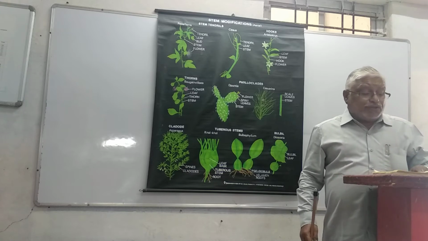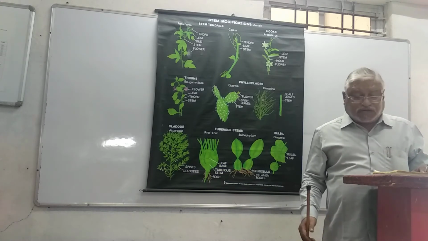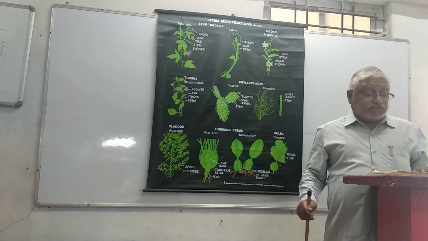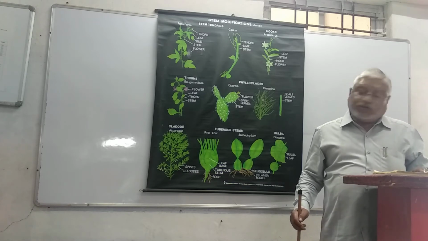So usually the vegetative and floral buds present on the main stem develop into branches and flowers respectively.